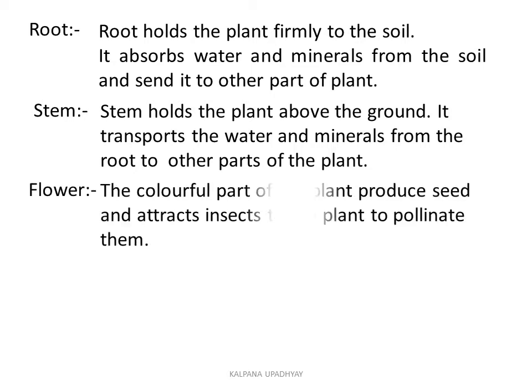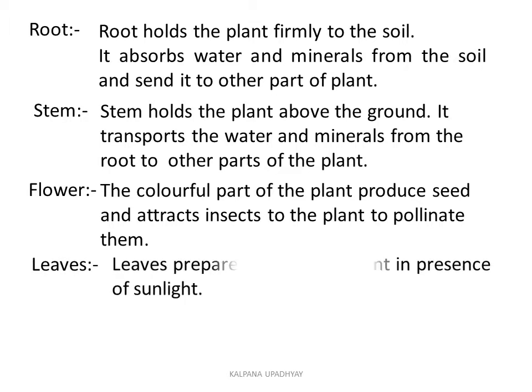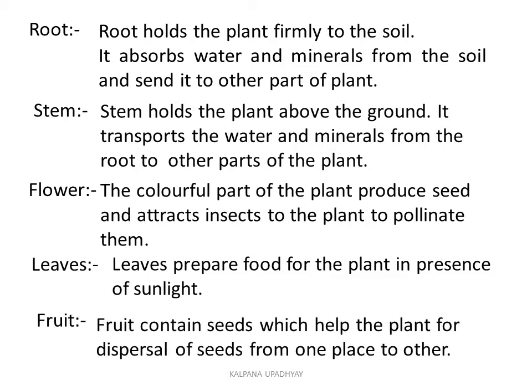Flower. The colorful part of the plant produces seeds and attracts insects to the plant to pollinate them, like it attracts honeybees. Leaves. Leaves prepare food for the plant in the presence of sunlight. Fruit.